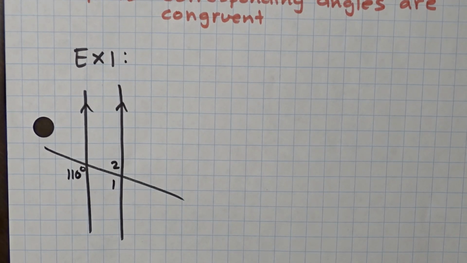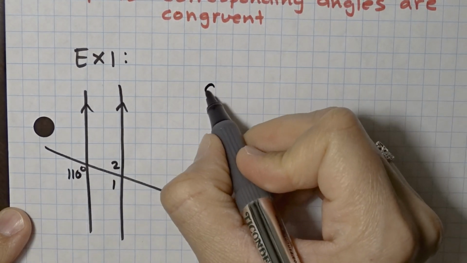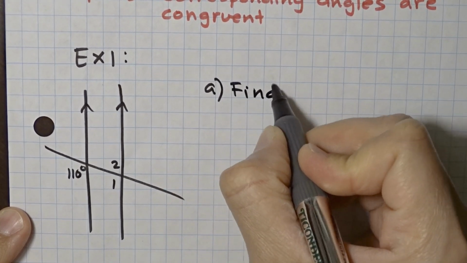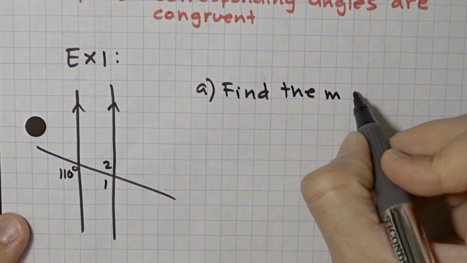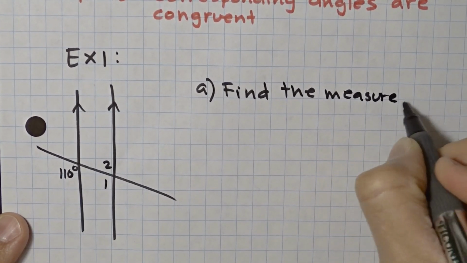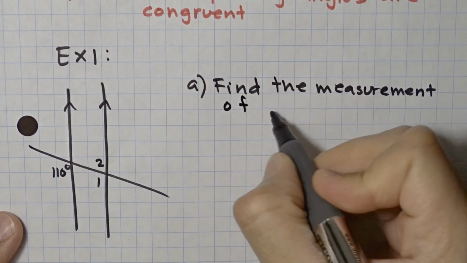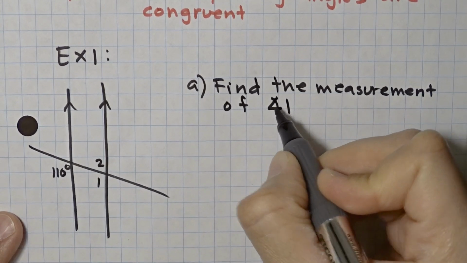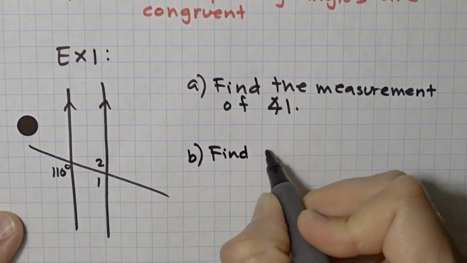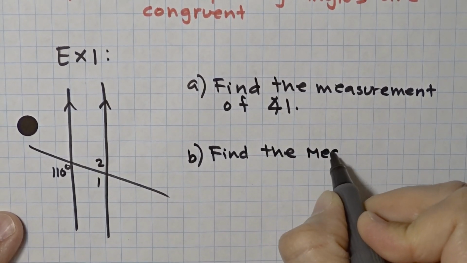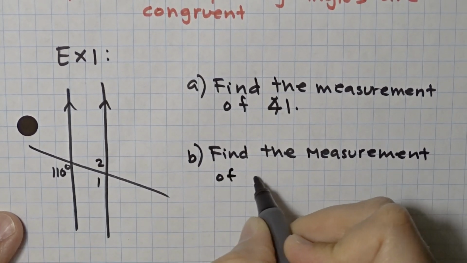The only time it represents a measurement is when you see the degree on there. All right, so for the first one, find the measurement of angle 1. That's a little angle symbol. And the second question is to find the measurement of angle 2.